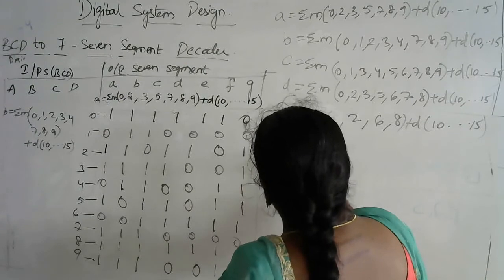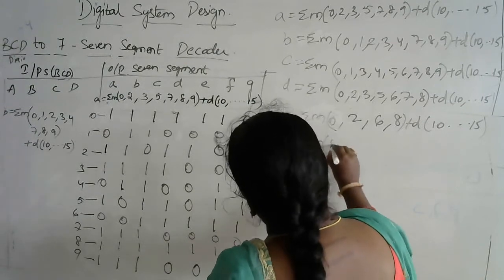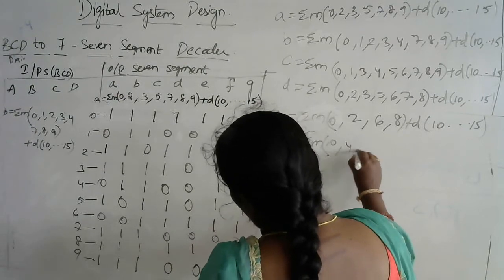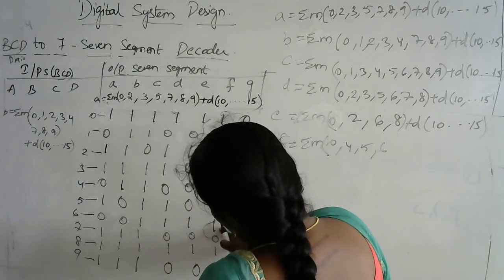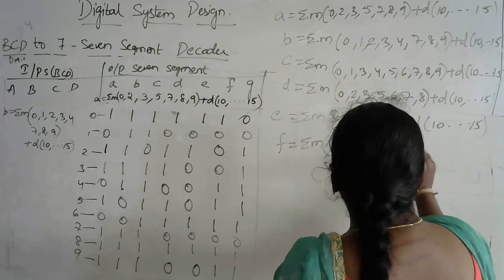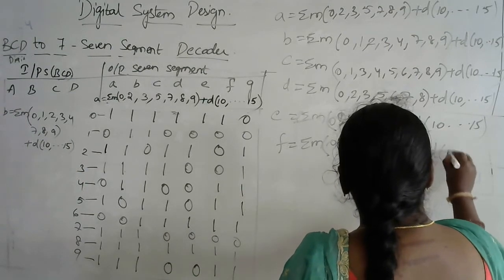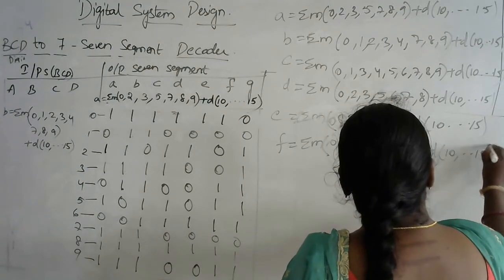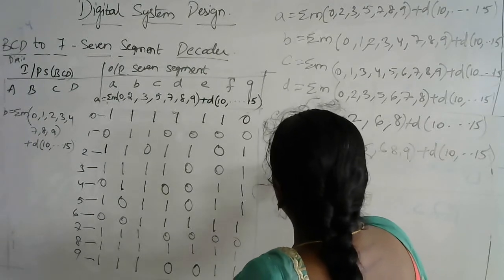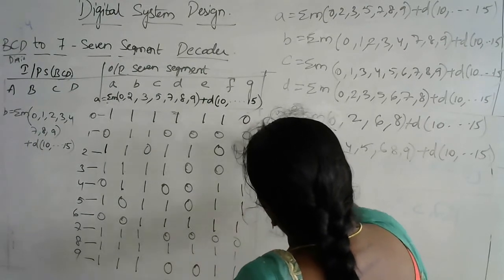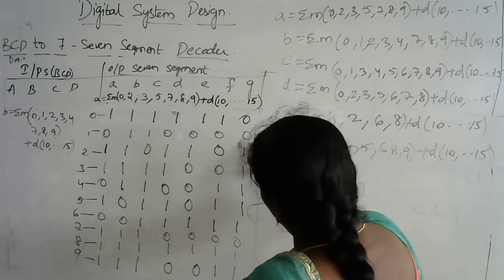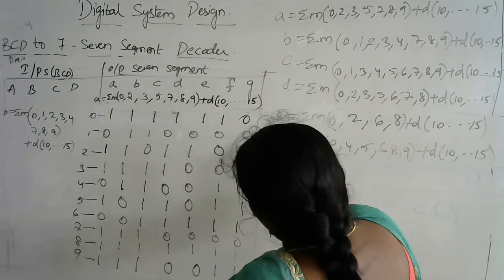F is equivalent to sigma m of 0, 4, 5, 6. This is 4, 5, 6, 8, 9 plus don't cares of 10 to 15. The last one is G, sigma m of 0. So no need to write down this. This is 0, 1.